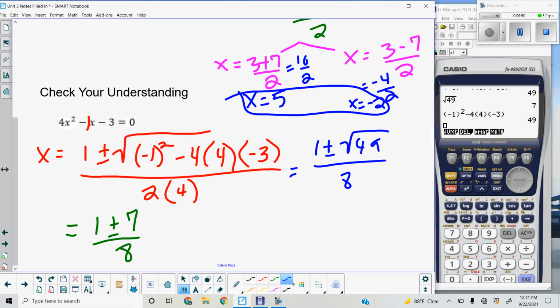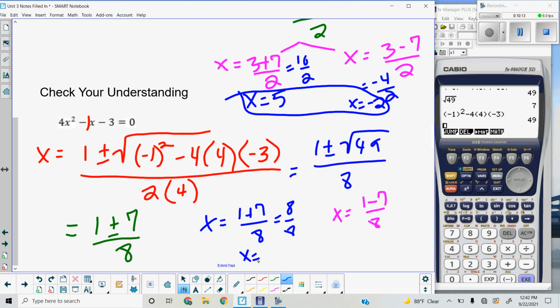And then we can break this into two equations. So one of them, x equals 1 plus 7 over 8. And the other one, x equals 1 minus 7 over 8. And we get 8 over 8.